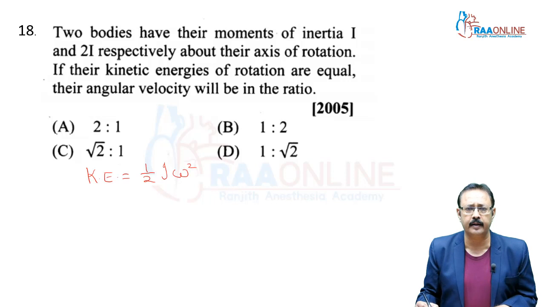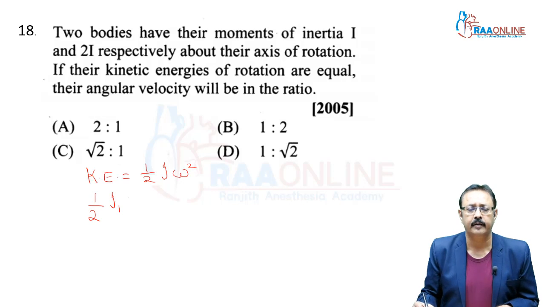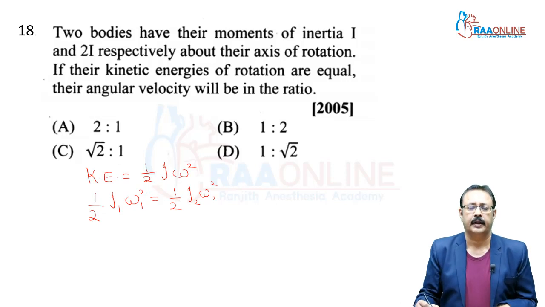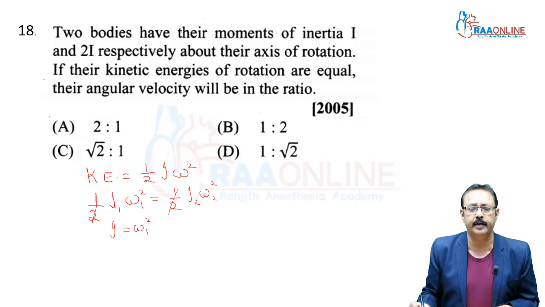We have two particles with the same kinetic energy. For one, I am writing 1 in subscript, and for the second, I am writing 2. It is given. Cancel half with half. For the first, they are saying the moment of inertia is I. For the second, they are saying the moment of inertia is 2I.